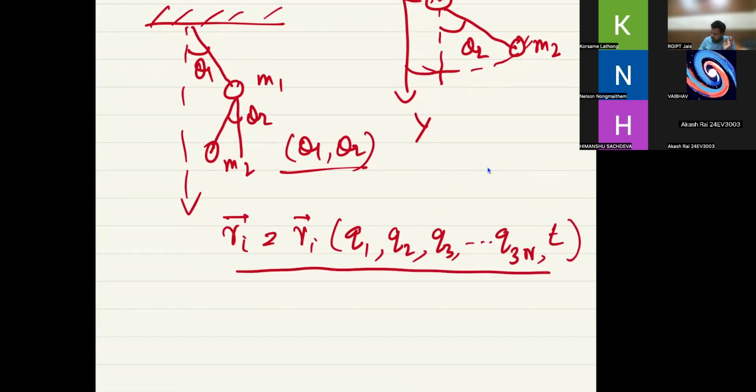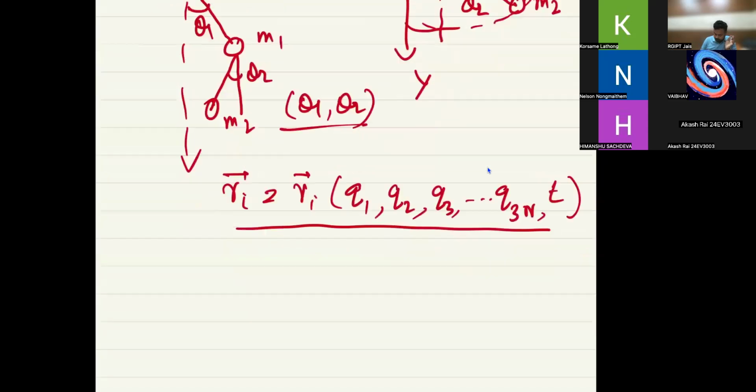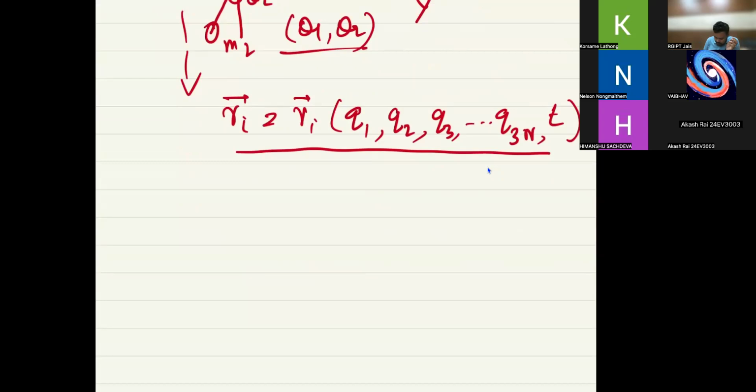Then I told you to derive the expression for kinetic energy as homework. Then we started discussing virtual displacement.